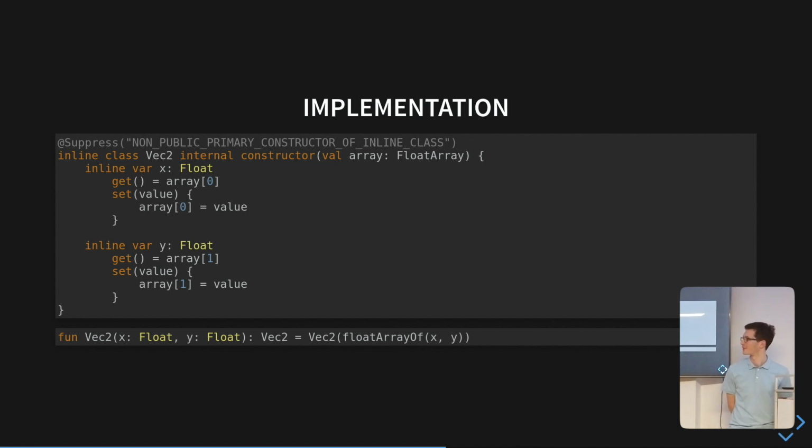It has an internal constructor for type safety, which is obviously necessary. We don't want anybody to use this constructor with a random value, for example, an array with an incorrect length. And if you look at that suppress at the top, it is necessary because Kotlin right now doesn't allow internal classes to have non-public constructors. So I just suppressed it, and I hope it won't break in the future. Maybe it will. And operators are implemented as extension functions, so they are not part of the type.